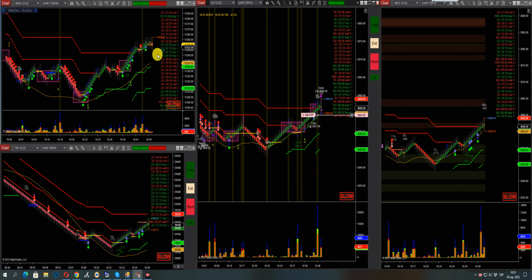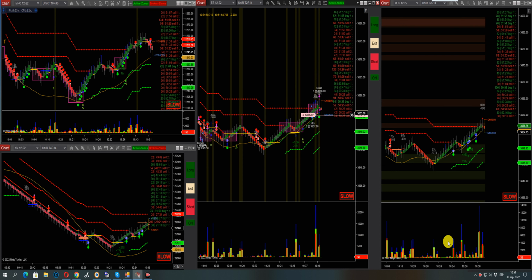Nasdaq is tanking too. These guys are selling the top of the bar, and ES is doing the same. We see another one in the micro ES. Signal in Q. There goes the Nasdaq, still very shy.